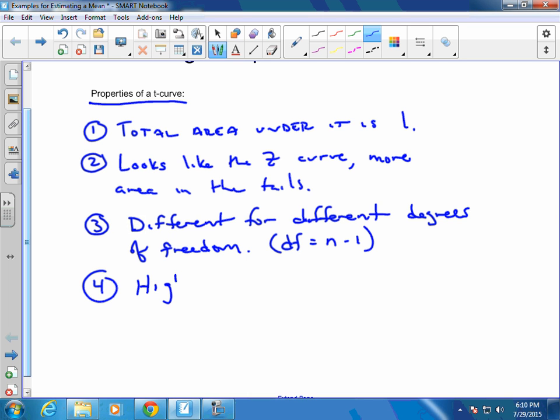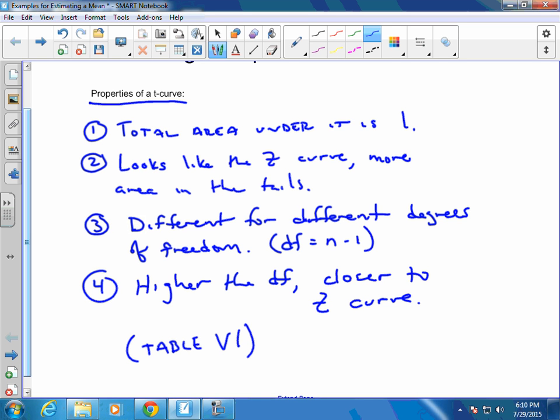The idea is the higher the degrees of freedom, meaning the larger the sample size is, the closer to the z-curve. Basically, all this means we can't use table 5. When we're doing stuff with the t-distribution, when we're trying to estimate population means and make confidence intervals for population means, we're going to have to use table 6, which gives us critical values for our t-curve.